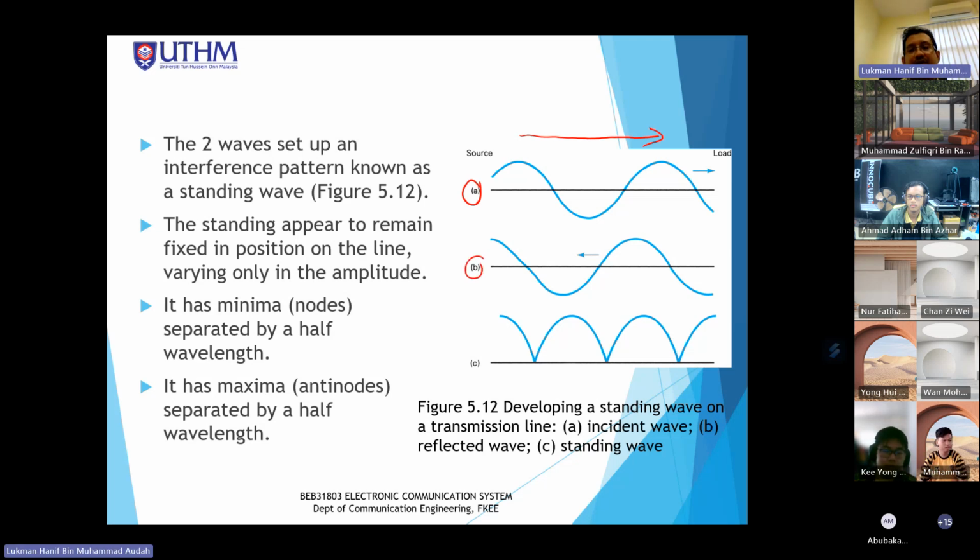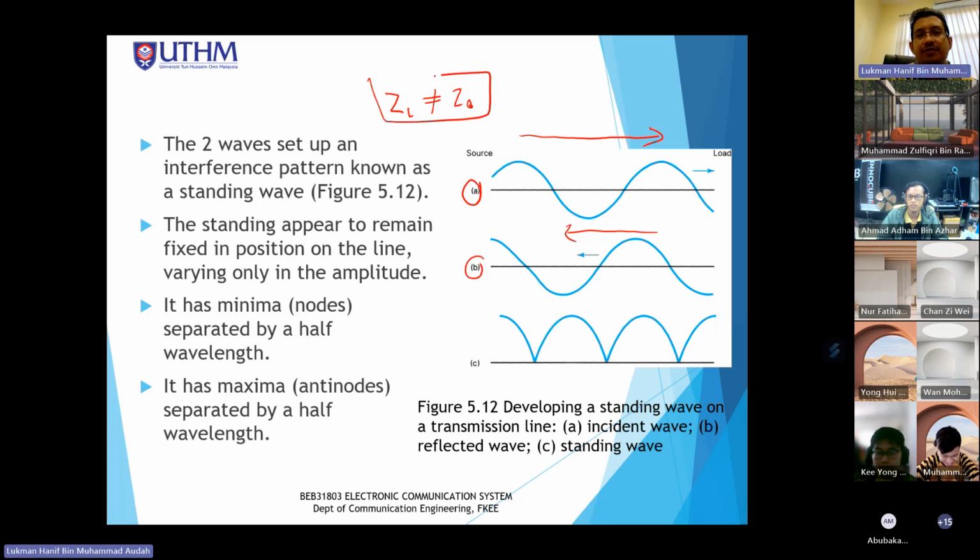The second graph shows the reflected wave, the wave that travels from load to the source. This happens because the load impedance is not equal to the characteristic impedance.